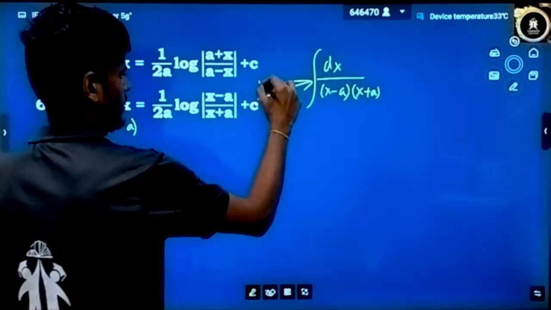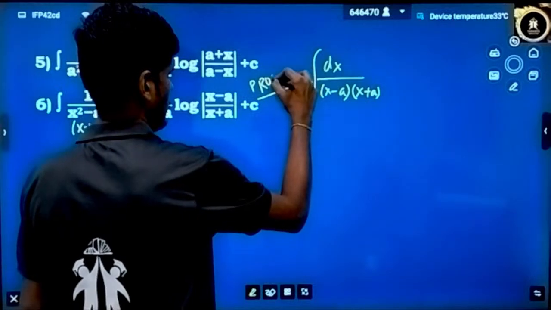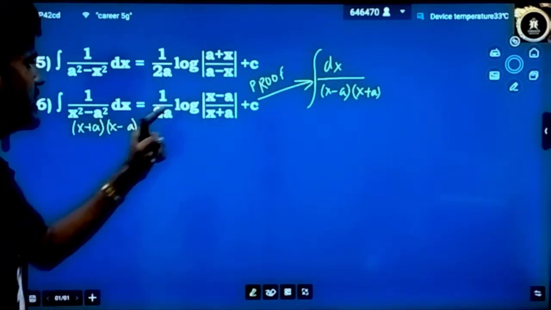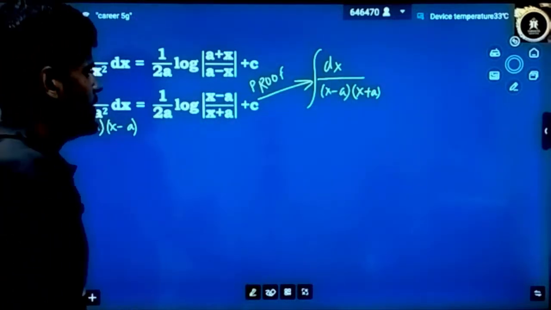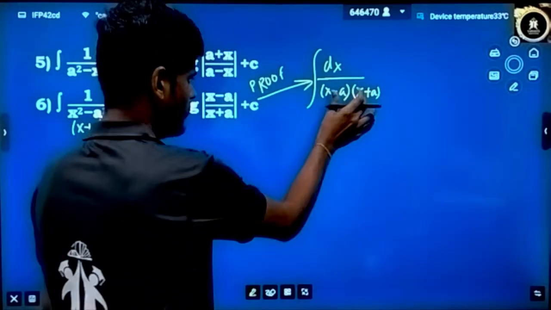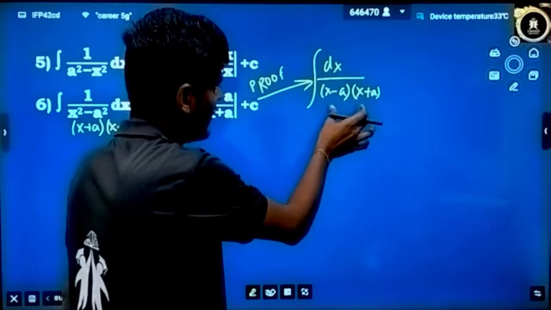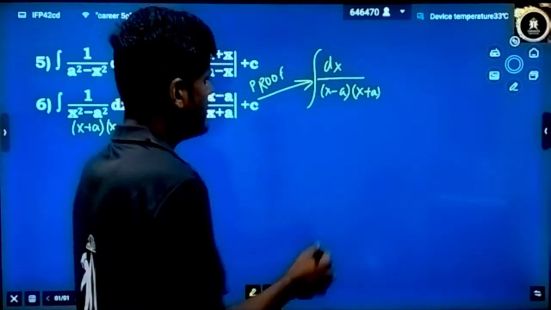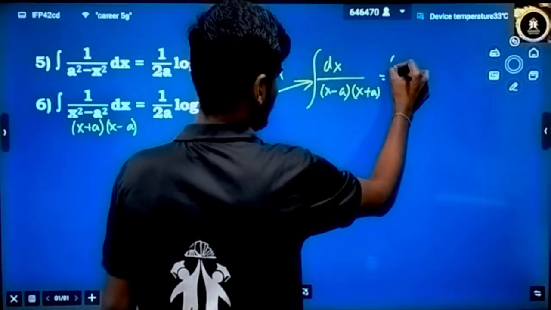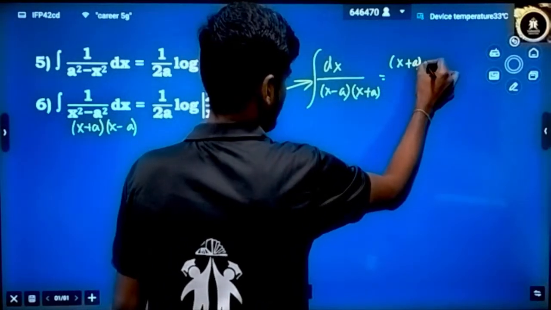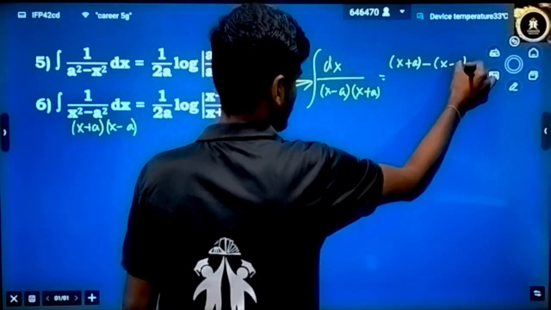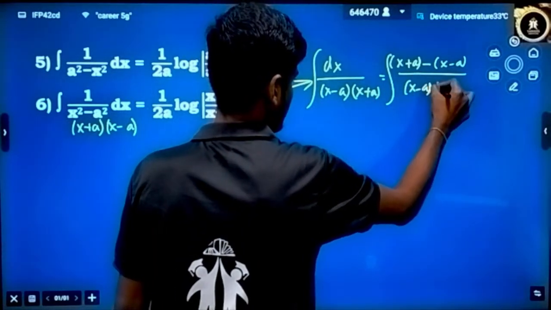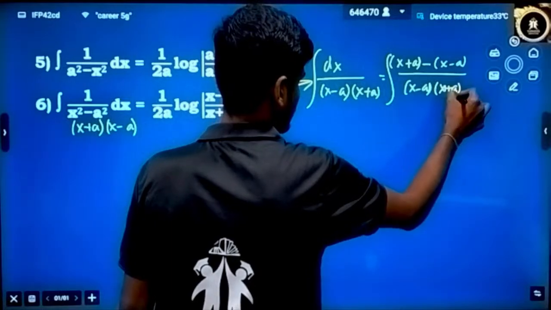Proof. Dx by x square minus a square is x minus a into x plus a. And what we need to do is try to bring this denominator part, these factors, into numerator. We can write x plus a minus of x minus a. This is equal to x plus a minus of x minus a divided by x minus a into x plus a.